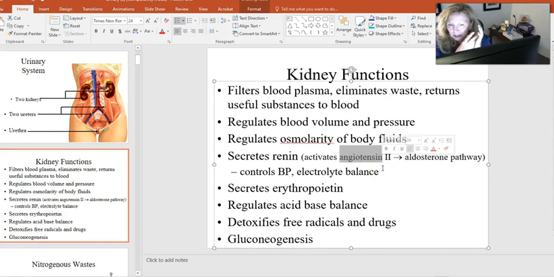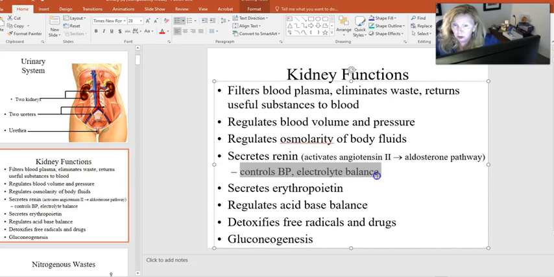Constricting the vessels raises the pressure inside. It also is going to initiate aldosterone to be released from the adrenal glands that will cause sodium to be retained, and water follows sodium. So we remember these. Again, this is all part of helping the homeostasis for blood pressure and even controlling electrolyte imbalance. Aldosterone plays a role in sodium retention and potassium excretion.